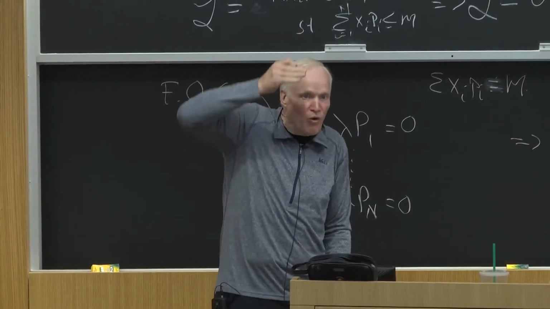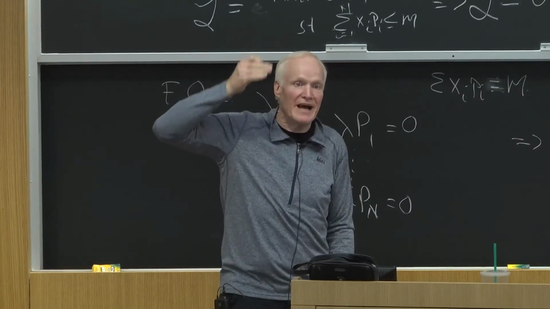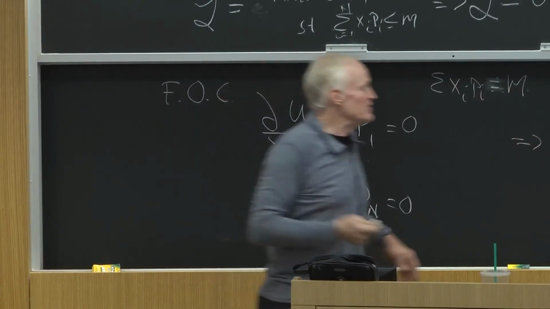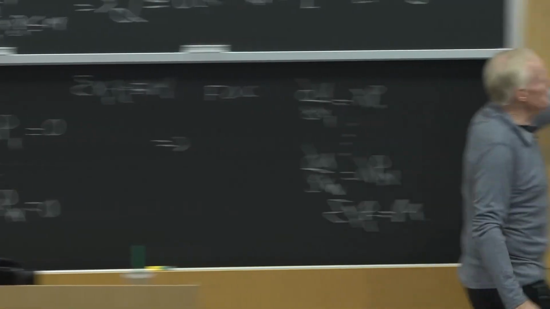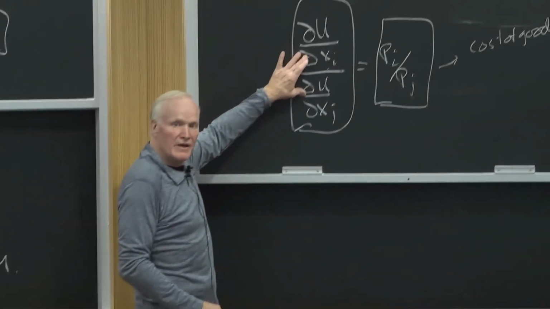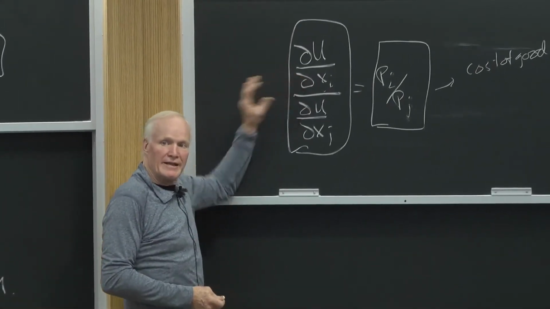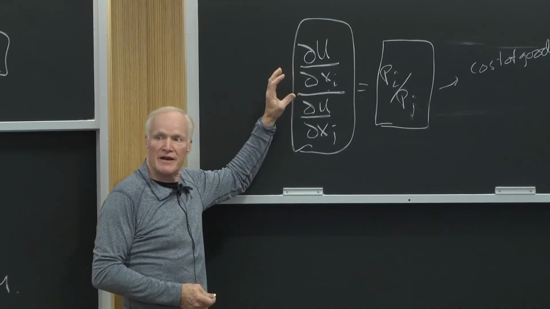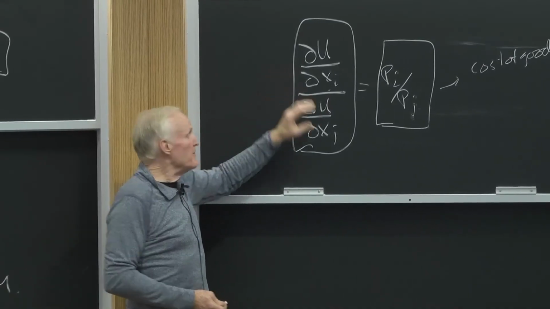Because it keeps my utility constant, right? That is, if you give me this many units of good J per unit of good I, that holds my utility constant. Think about it.